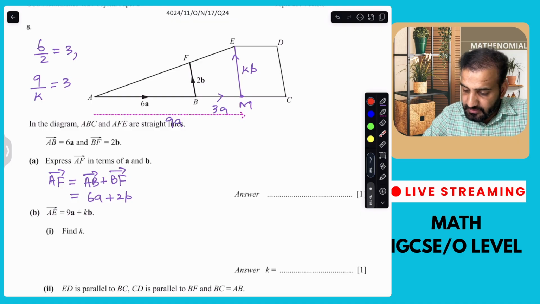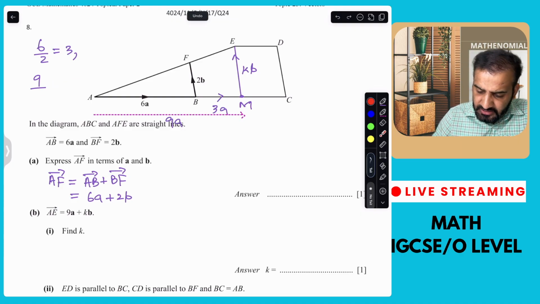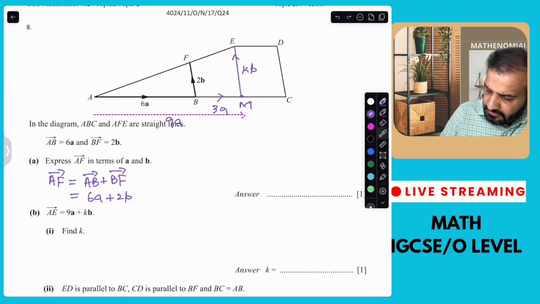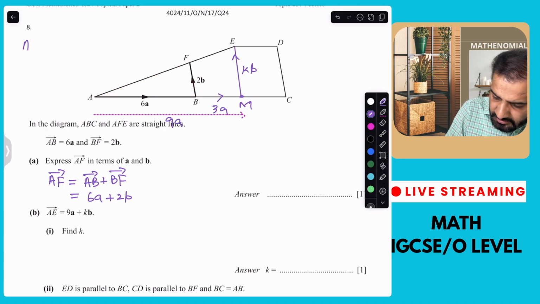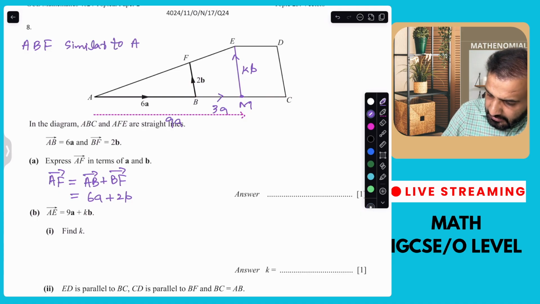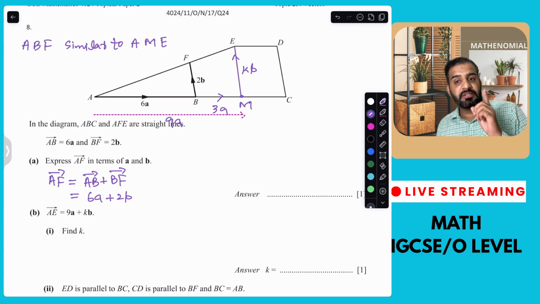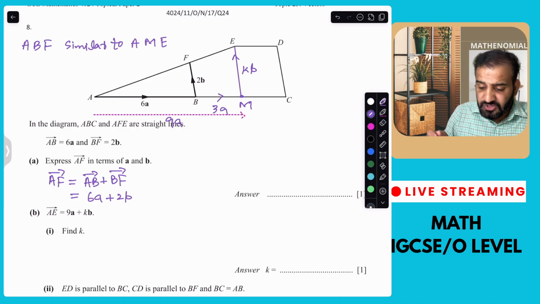Or we can do it another way. This triangle I write here, ABF similar to AME. If they are similar, they must have equal ratio of sides.